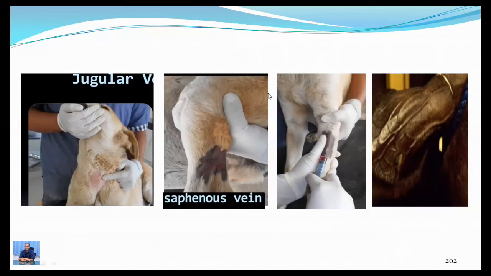So it directly goes to the heart, and some drugs do have myocardial suppression action. So there is a chance that the animal may go into syncope or death may occur. And sometimes some drugs may increase the heart rate, cause cardiac fluttering or fibrillation. At that time also syncope may occur. So one should be very careful while giving this drug.